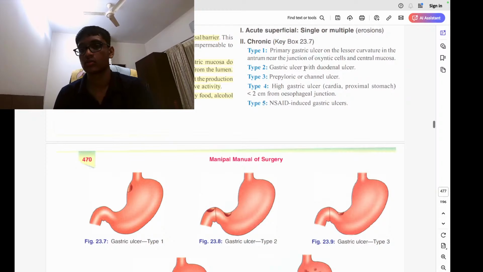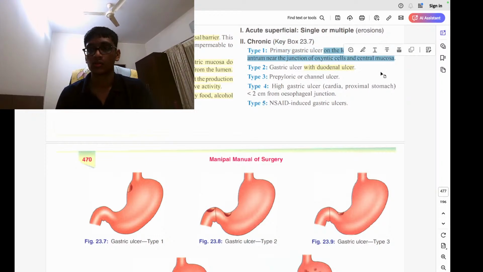With duodenal ulcer, on the lesser curvature of the antrum near the junction. Type 3 is a pre-pyloric or channel ulcer.